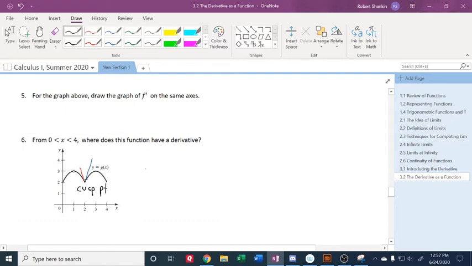At x equal 1, the limit as x approaches 1 of the function, well, it's not f, it's g, is equal to 3.